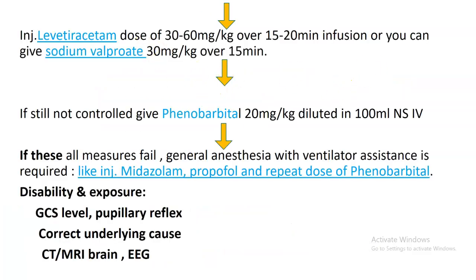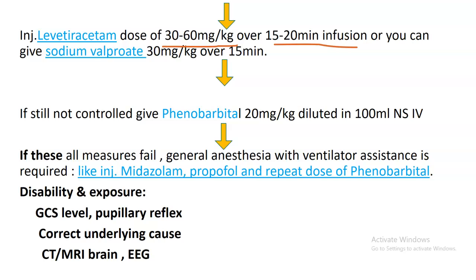Now let's suppose phenytoin didn't stop the seizures. What can you do? You can select another anticonvulsant like injection levetiracetam at a dose of 30 to 60 mg per kg over a 15 to 20 minute infusion.